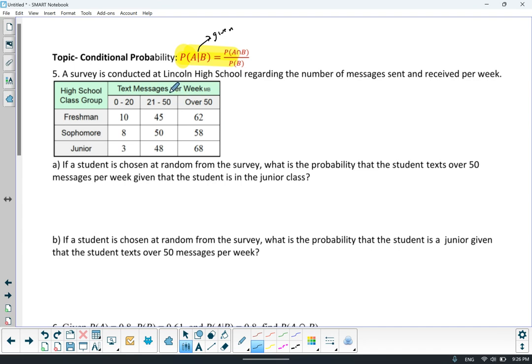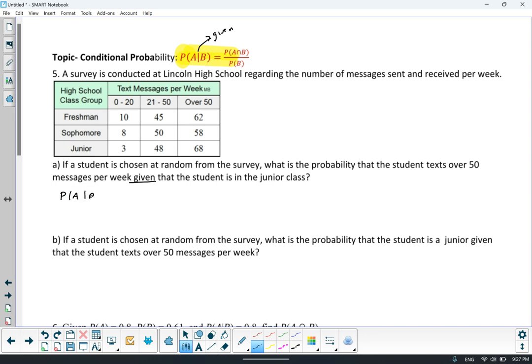So a survey is conducted at Lincoln High School regarding the number of messages sent and received. If a student is chosen at random from the survey, what's the probability that the student texts over 50 messages per week, given that the student is a junior in class? So all of a sudden, I hear that word given, I know I'm dealing with conditional probability.